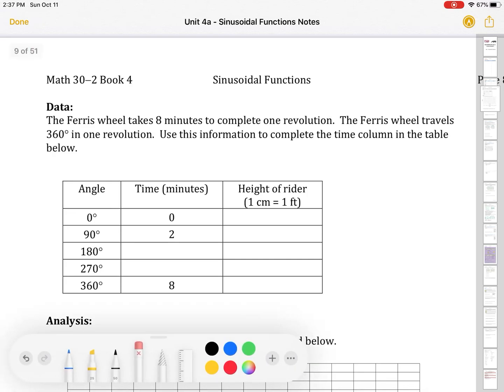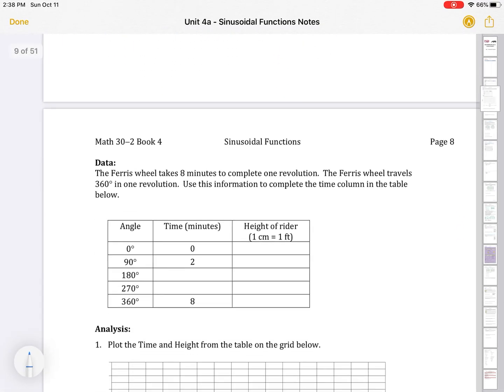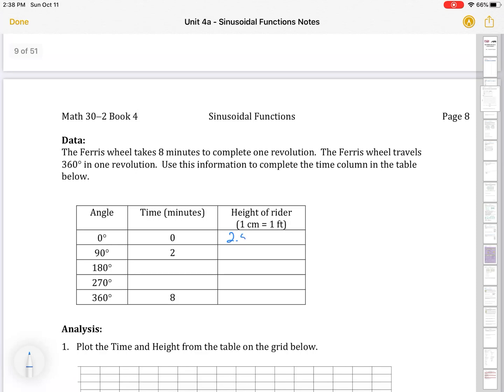So if we do our rotations, time in minutes, we start at 0. And if we look back at our picture at 0, we're at 2.5 centimeters, which is equivalent of, we're not going to say 1 foot, we're going to actually say 1 meter, okay, because we're in Canada.